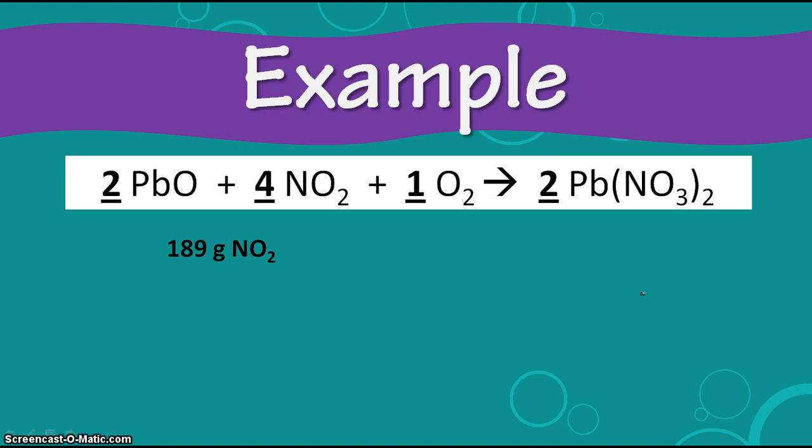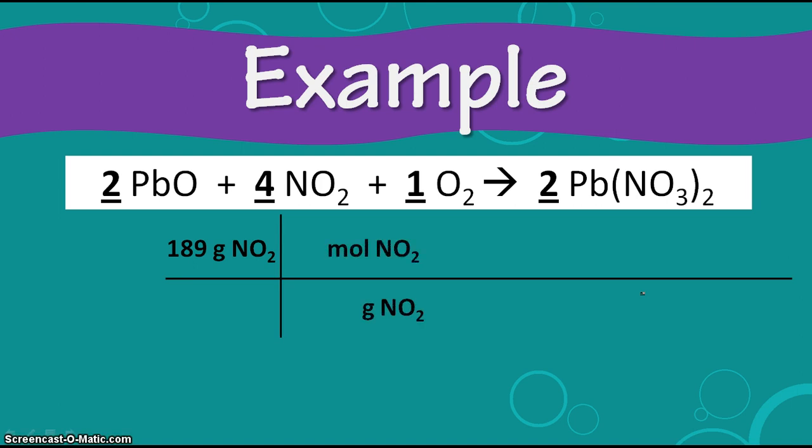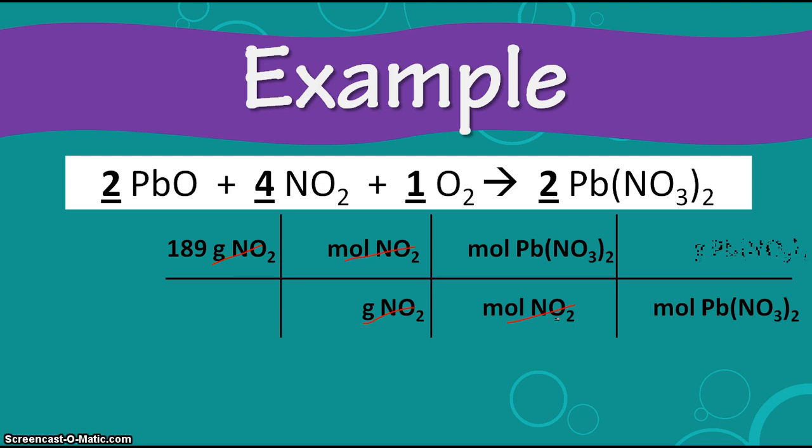Again, going through the same steps, getting rid of the undesired grams unit and converting it to moles. Now that we're in moles, we can go to the mole ratio and relate substance A, in this case nitrogen dioxide, to substance B, our product, lead 2 nitrate, getting rid of the moles of our substance A. Now that we're in moles of substance B, we want to convert that to grams of substance B. Getting rid of the unit moles leaves us in grams.